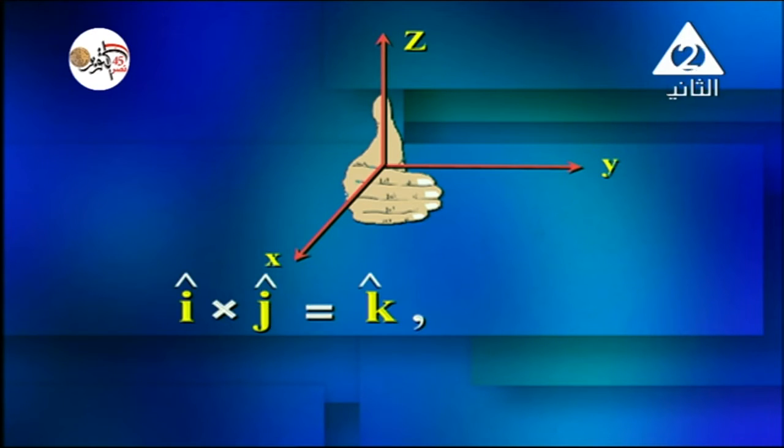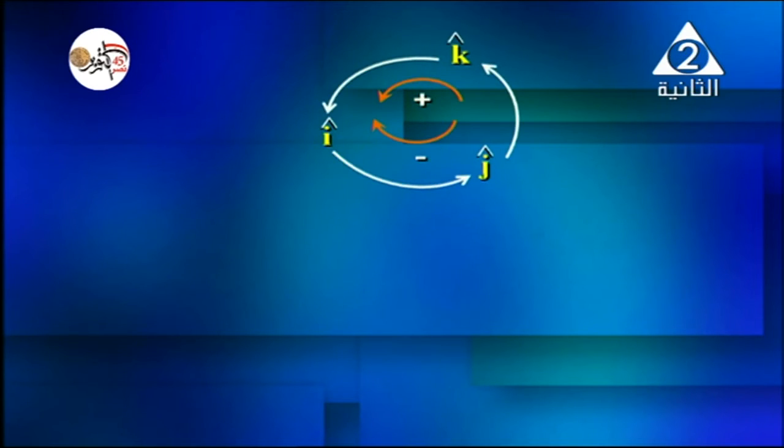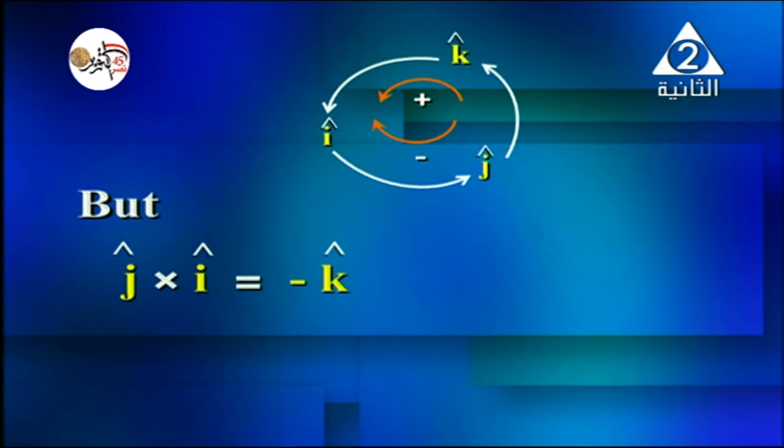i cross j equals k vector, but j cross k equals what? i vector. k cross i equals j vector. But my dear student, look at the opposite figure: j cross i equals negative k.